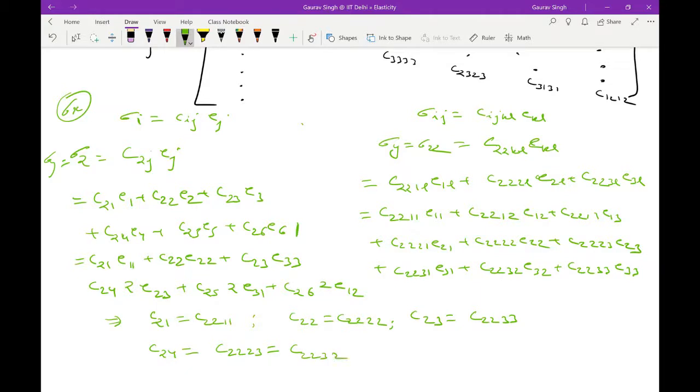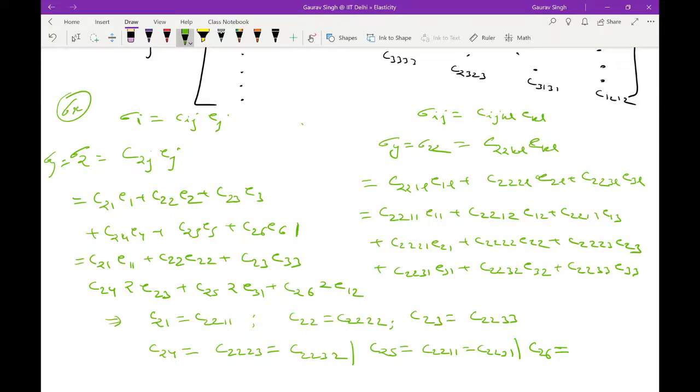Similarly, C25 should be E31. So that would be C2231 equal to C2213, and C26 is equal to E12.